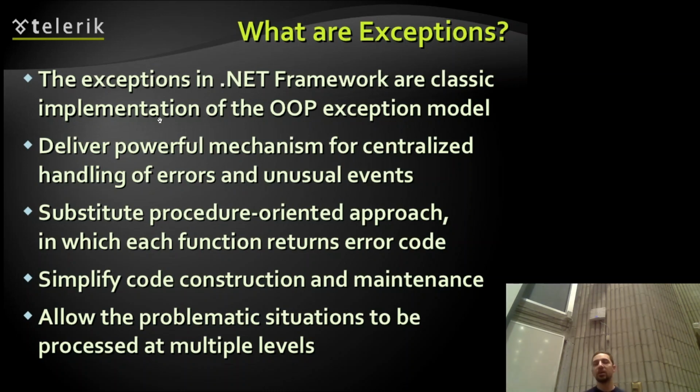One of the things we haven't covered is that they're central. If you have a plain old function that throws an exception, the first thing C# is going to do is look inside that function to see if there are any try-catch blocks. If it doesn't find one in that function, it's going to kick it up to the function that called it.